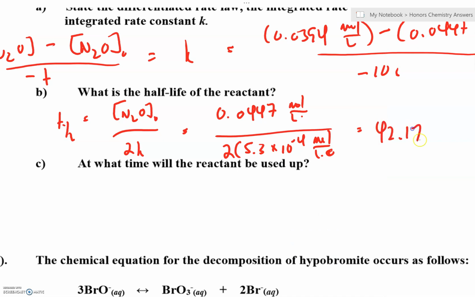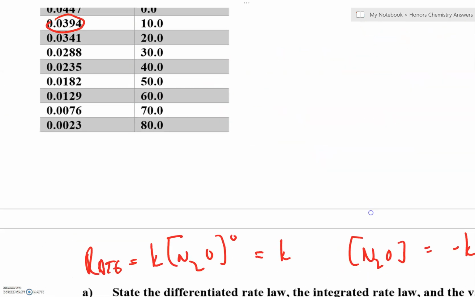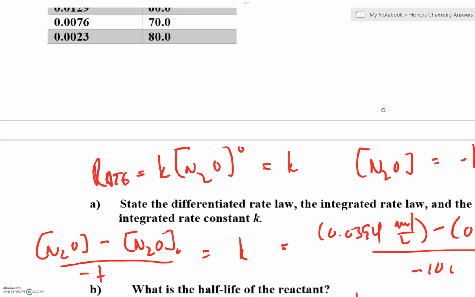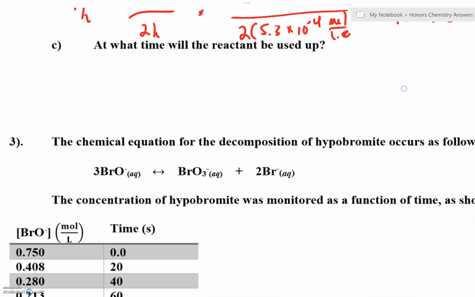It's probably a good idea to verify that this time makes sense. So looking at our data, if this is 0.0447, half of that, we'll call that 0.045, half would be 0.0225, and that would land somewhere in between here. So that lines up perfectly. So I'll accept that answer.